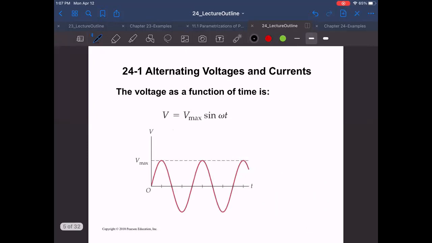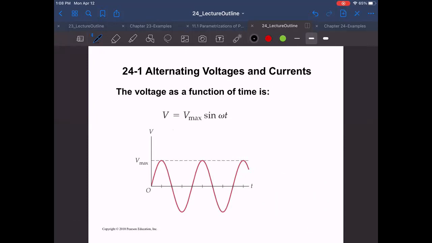All right, and it'll look something like that. So this is the one we're most interested in. Voltage is just the maximum voltage times the sine of omega t. Remember, omega is 2 pi f, so that's our angular speed or angular velocity.